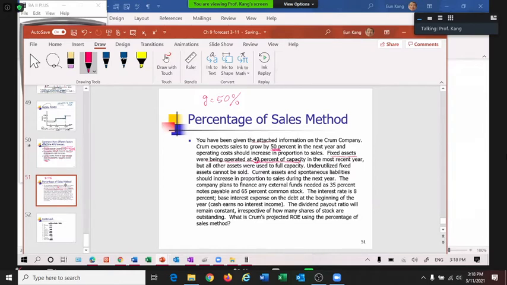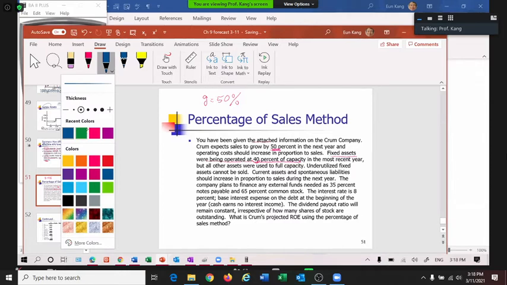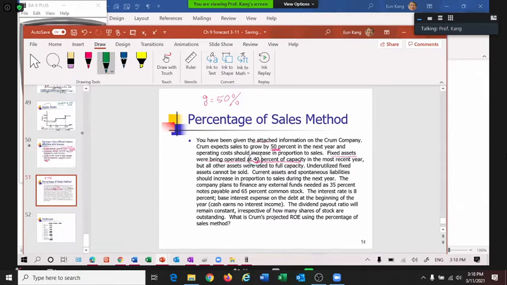So we know that this is not 100%. If this is on the exam or quiz, I may change some numbers. So this can change, right? 40% of capacity, but maybe I'll change it to 100% or 80%. Then the answer will be different.